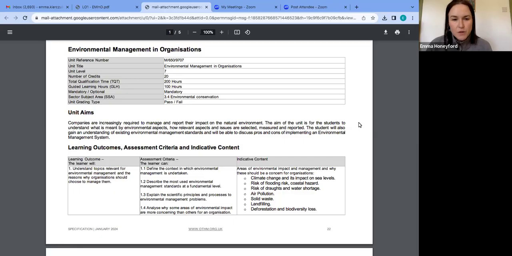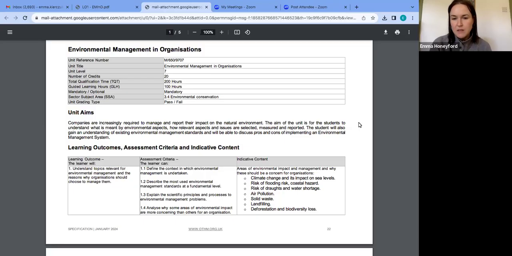So the first assessment criterion, 1.1: you need to show that you understand how to define the context in which environmental management is undertaken. What does the local context look like for a particular organisation? It will look different for each and every organisation.